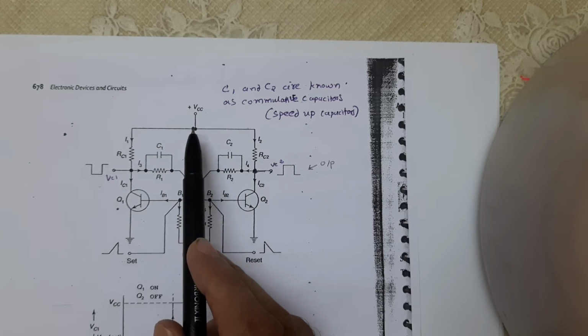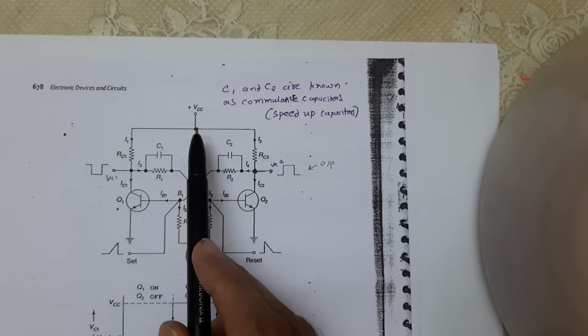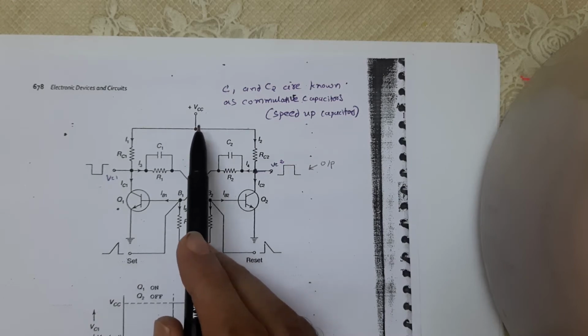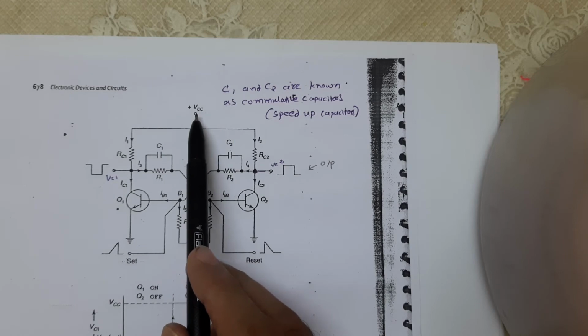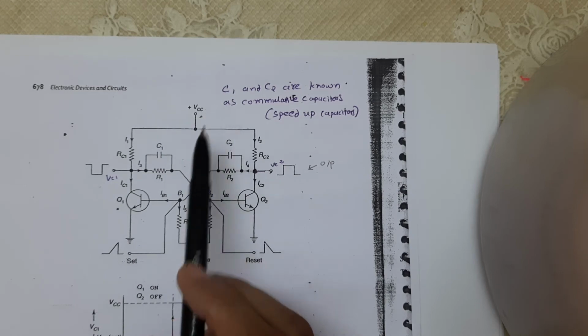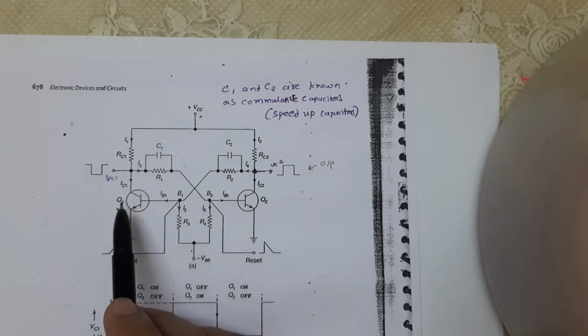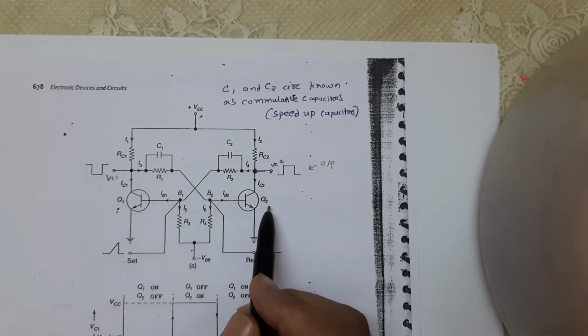It is a stable state of the circuit and will remain in this state till a trigger pulse is applied from the outside. So this is our first stable state. When we switch on VCC, we consider that Q1 is switched on and Q2 is switched off.